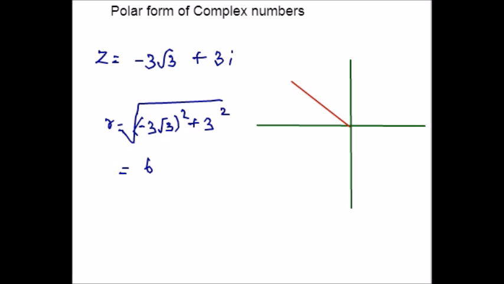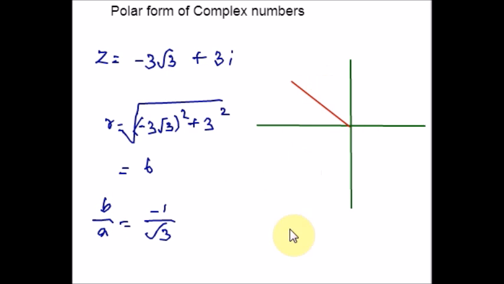Next, we should find b over a. So b over a is negative 1 over root 3. Am I right? Then we should find tan inverse of b over a. Tan inverse of negative 1 over square root of 3 is nothing but negative pi over 6. Am I right? We add pi to obtain the angle in the second quadrant.